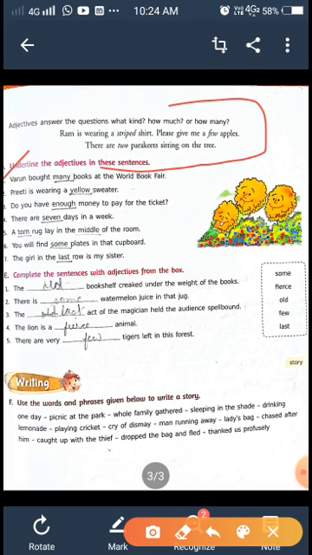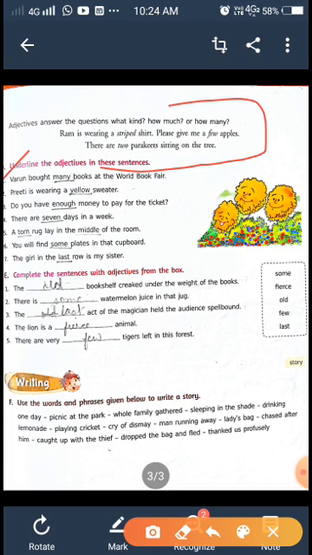Now in number D, we have to underline the adjective. And remember, your adjective should answer a question like what kind, how much or how many. So number 1, Barun bought many books at the World Book Fair. Which one is the adjective?